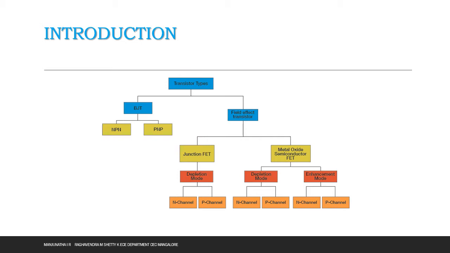If the device is N channel type, that is N channel working under depletion mode. If the JFET we have selected is P channel type, then the P channel will work under depletion mode. It's all about the types of transistor.